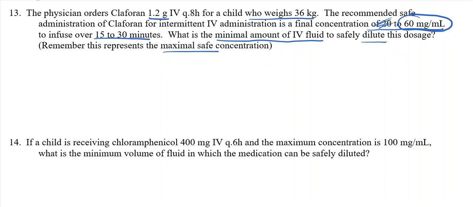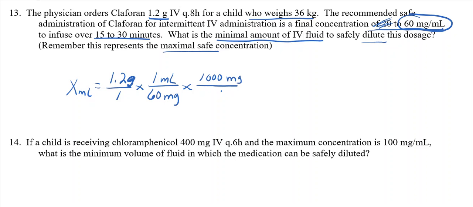Okay. So then I need my doctor's orders, because I'm looking for milliliters for my diluent. My doctor's orders are 1.2 grams over 1 times my concentration, 1 milliliter over 60 milligrams. Now, pay attention. I'm going from grams to milligrams. So I've got to have my conversion, 1,000 milligrams to 1 gram. So my grams will cancel, my milligrams will cancel, and I'm left with milliliters. I've got a 0 here that will cancel a 0 here.